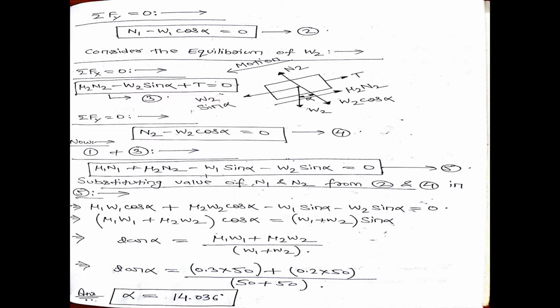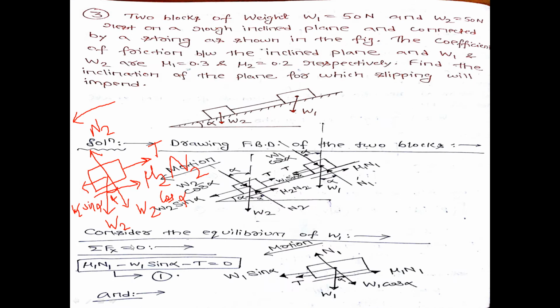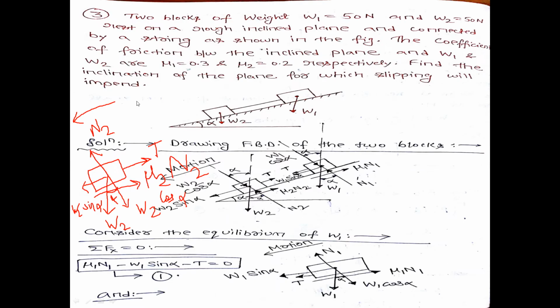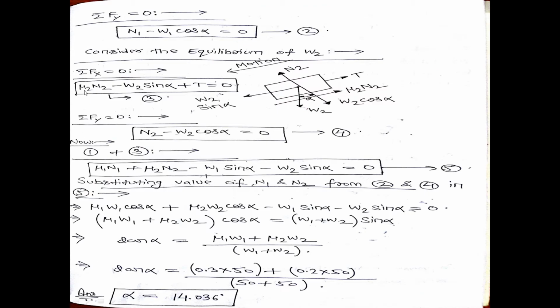What I found is that if I add equation 1 with equation 3, it will be mu1 N1 minus W1 sin alpha minus T, plus the third equation, which is plus mu2 N2 minus W2 sin alpha plus T, equal to 0.